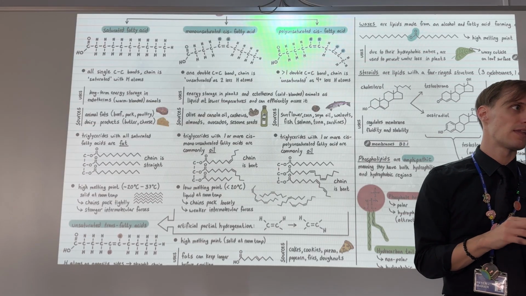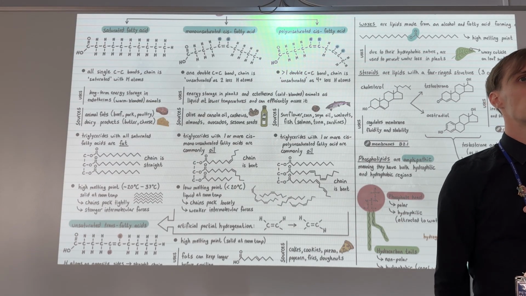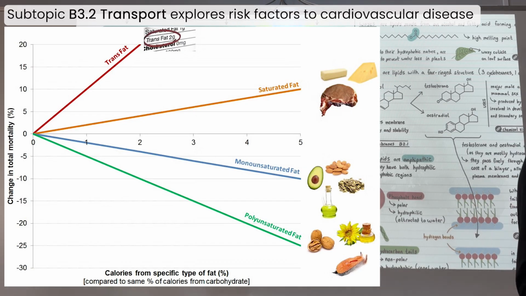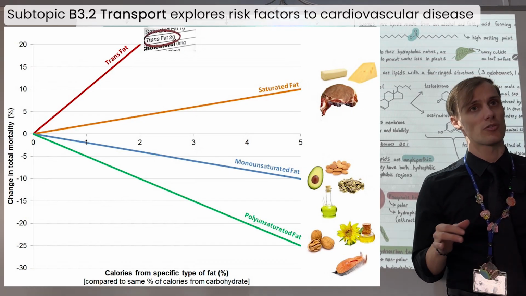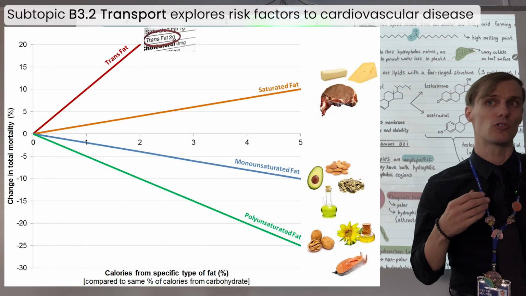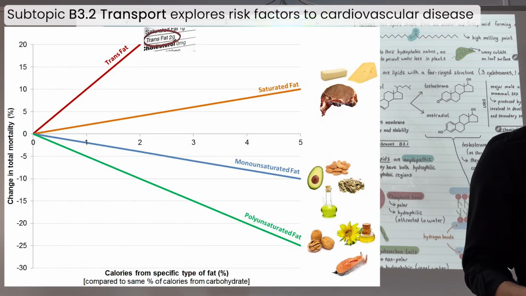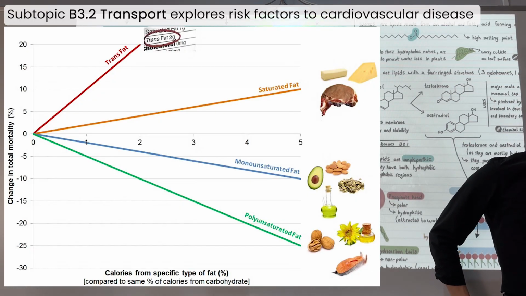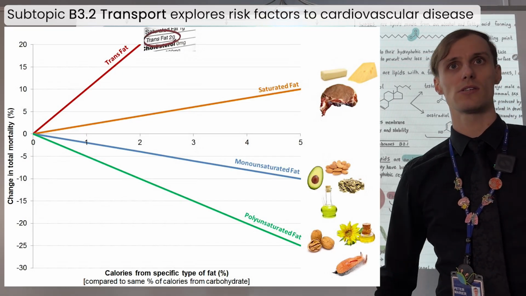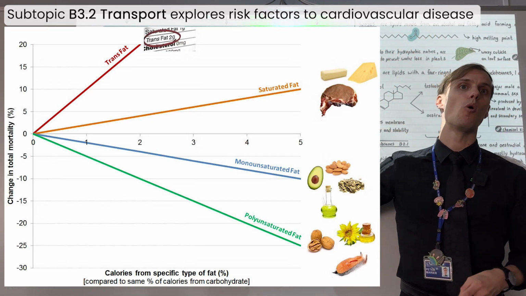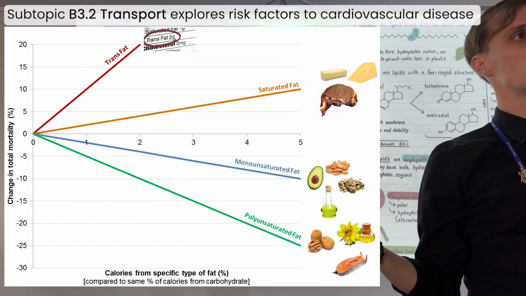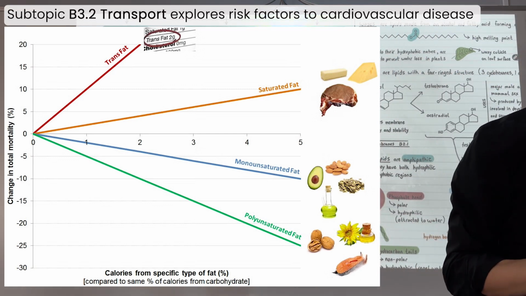The reason that this is recommended is because of their relative risk factors for certain diseases. So saturated fats and trans fats have been strongly associated with cardiovascular disease. They have a fairly high risk factor for developing these diseases, whereas diets that have proportionally more unsaturated fats can actually lower the risk of cardiovascular disease.